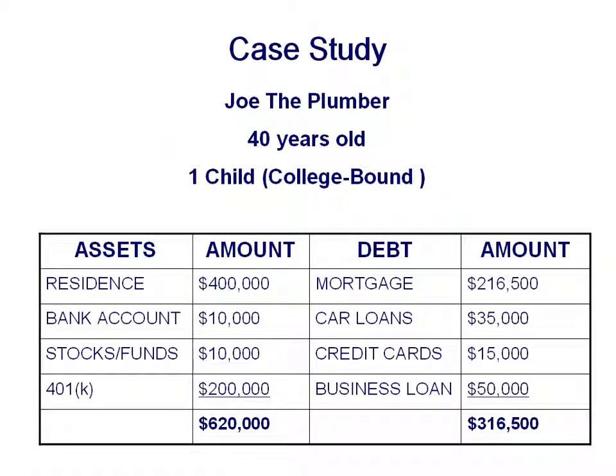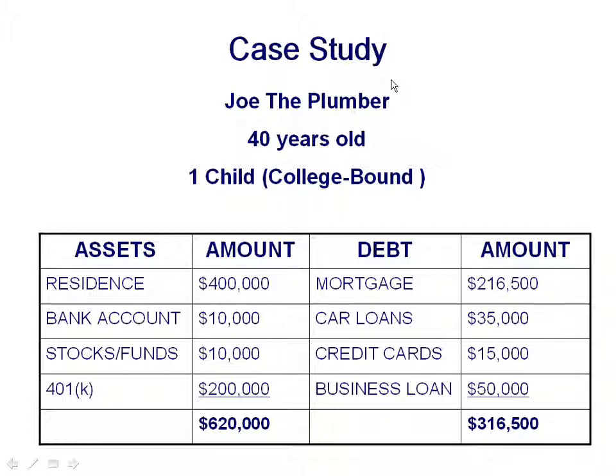So with that being said, let me use a simple case study to demonstrate some tax and debt planning strategies that you can use to increase cash flow to pay for college. Here we have Joe the plumber, who is 40 years old, and he has one college-bound child.